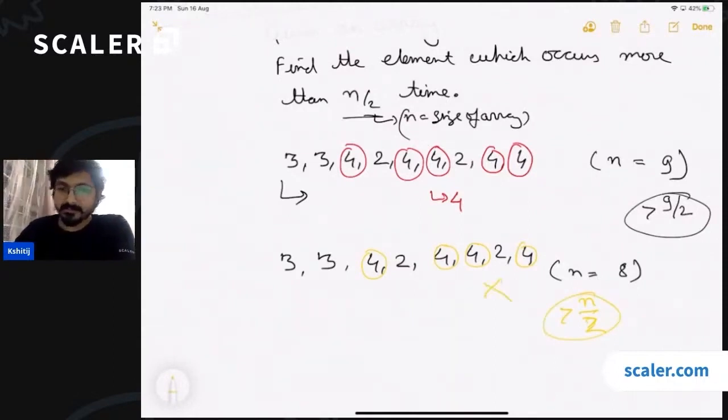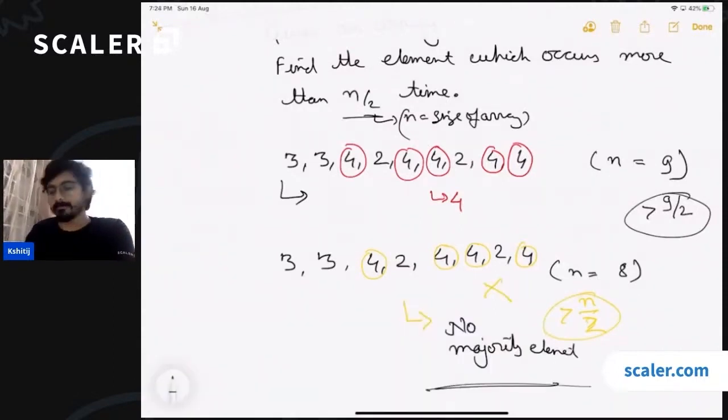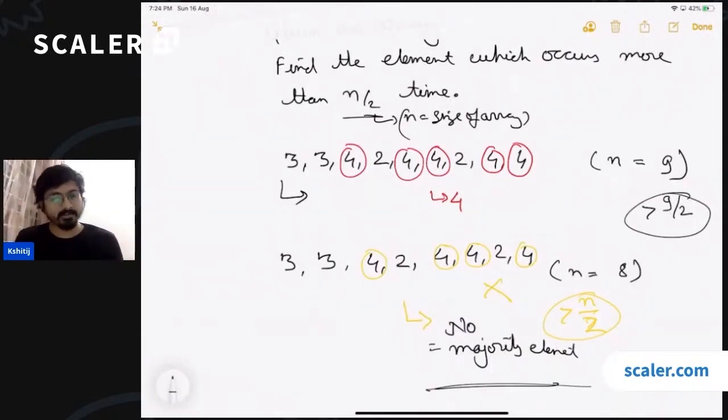So in this case, we do not have any majority element. If there is a majority element, you have to return it. If there is none, you can return None. This is the problem.